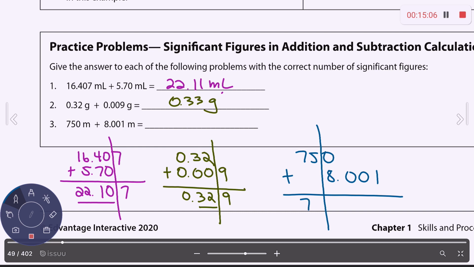Okay, so this would be 758.001. Underline the digits to the left of the line. That's what you're allowed to have in your answer in terms of it being significant. But since this is an 8, the 5 rounds to a 6. So this is going to become 760. You can't round it to 76. The quantity would be nowhere near 758. And then this would be meters.